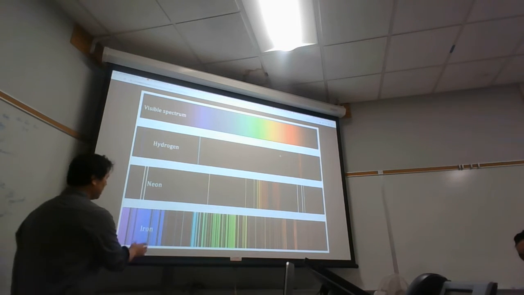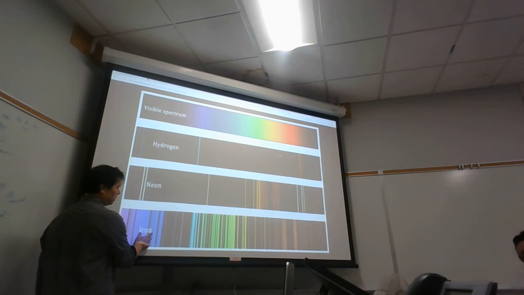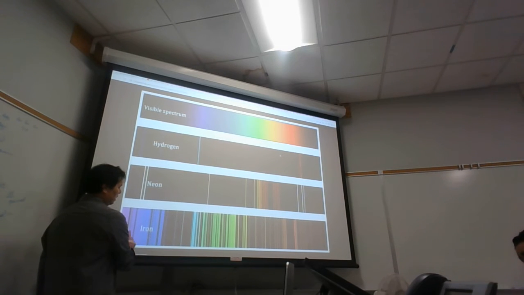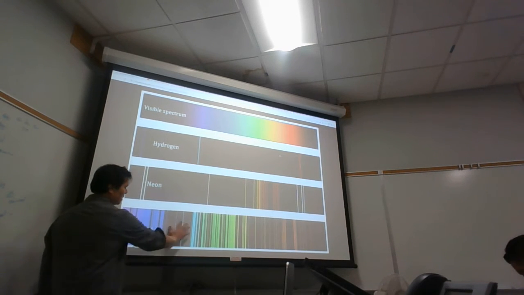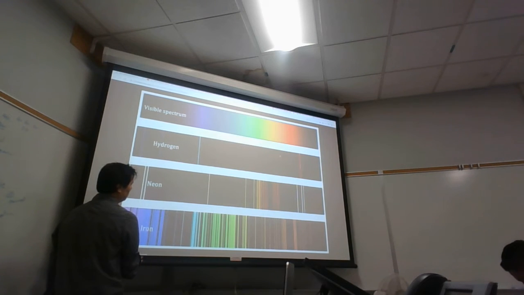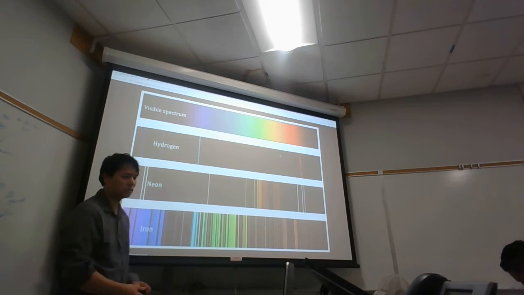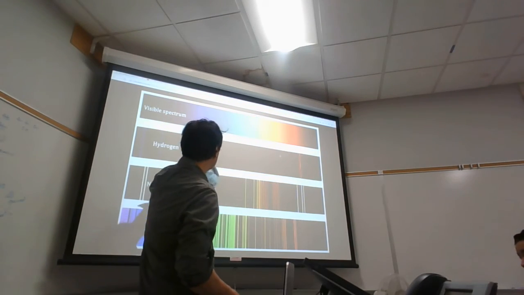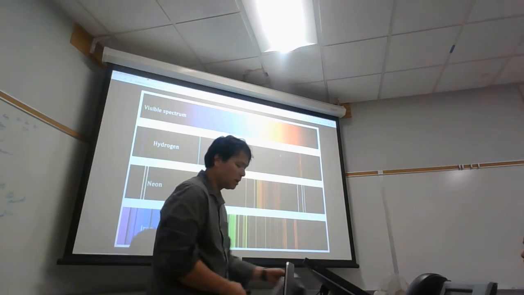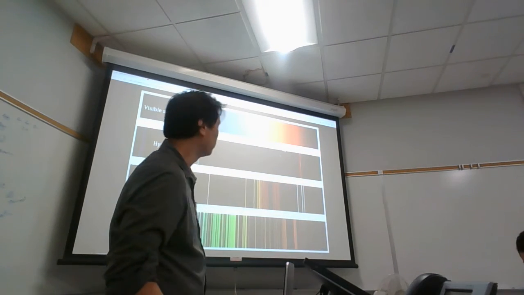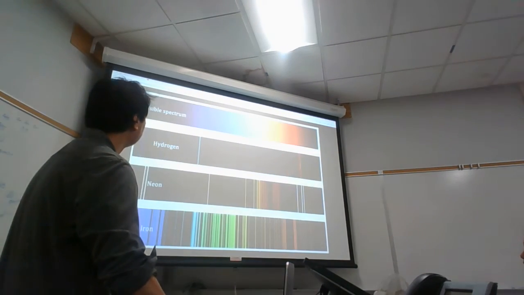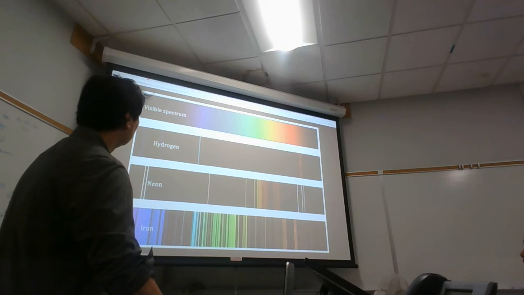So this should be atomic iron, and atomic iron would have this kind of spectrum. Whereas metallic iron should be the rainbow colors at the top, if it doesn't oxidize or melt, so you have to protect it from oxidizing and melting. I don't know, the melting point for iron might be too low to get the full rainbow.